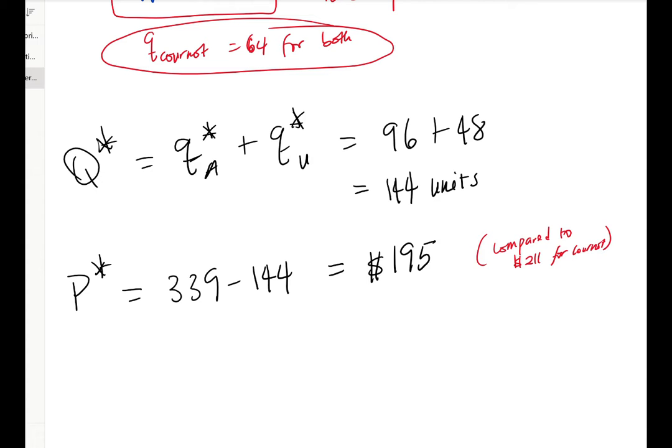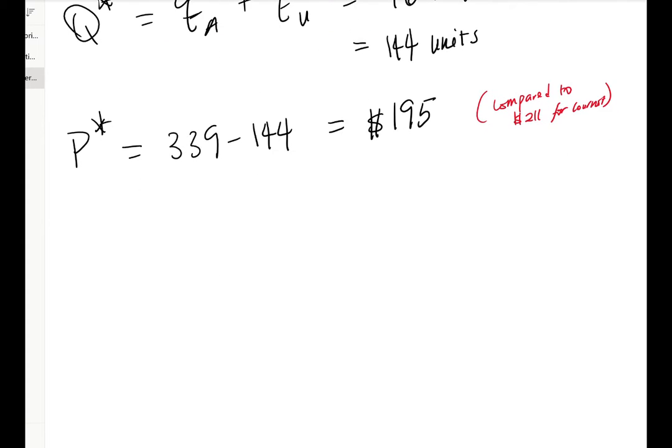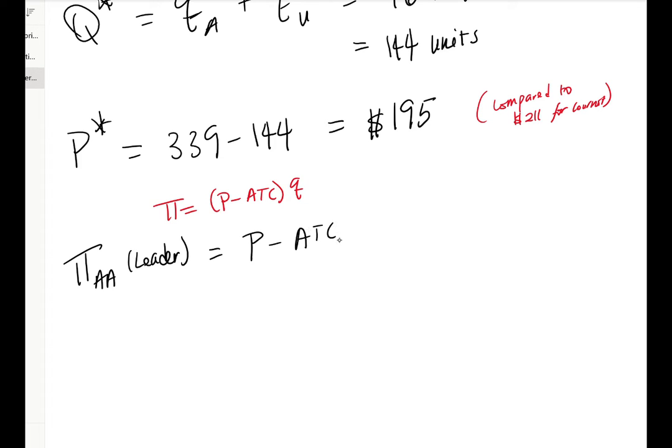Back to our calculations here. Once we have our P star and Q star, we can also figure out the profits for the leader, American Airlines. Remember our formula for profits: profit is P minus average total cost times quantity. So for our leader, American, this is P minus average total cost for American times quantity for American.